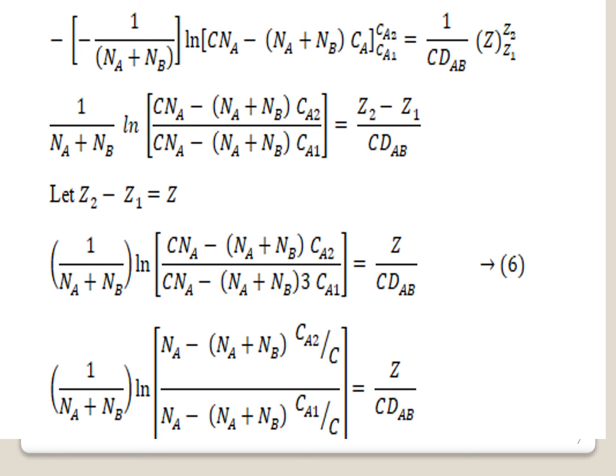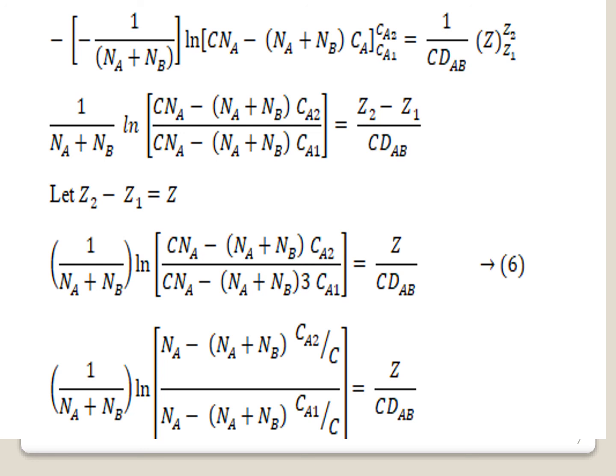So here, 1 by (NA plus NB) ln of, for this case, numerator and denominator divided by C, otherwise you take C outside. So (NA minus (NA plus NB) Ca2 by C) whole divided by (NA minus (NA plus NB) Ca1 by C). Take C outside, the Cs cancel, so z by C into DAB.